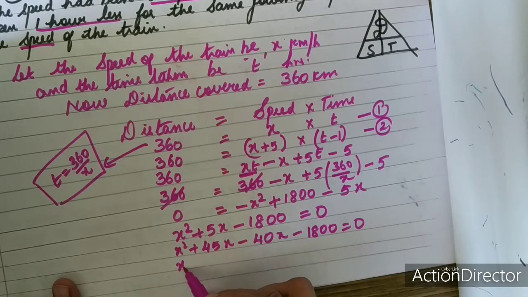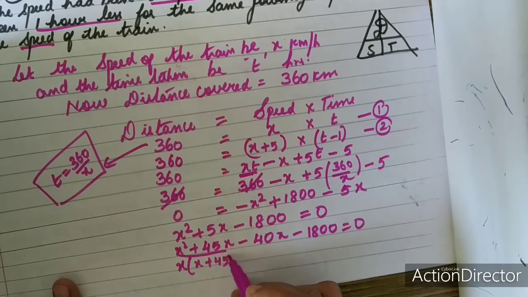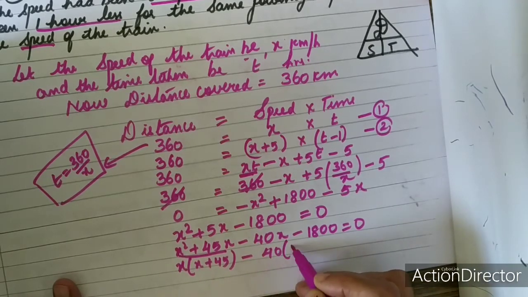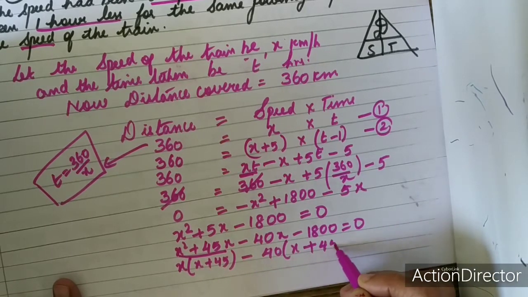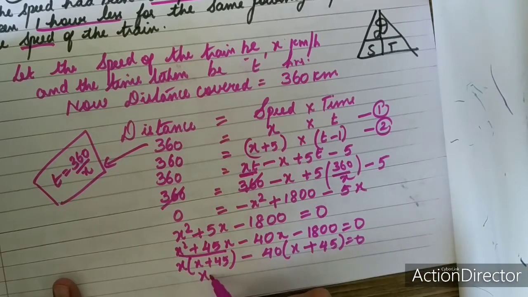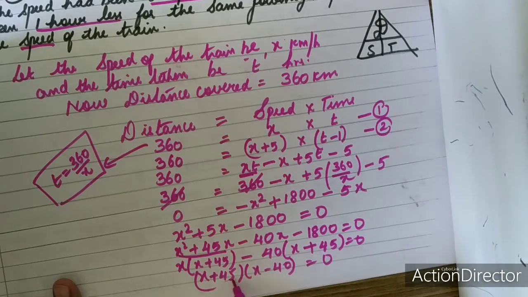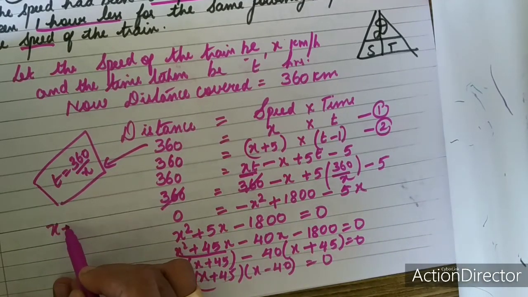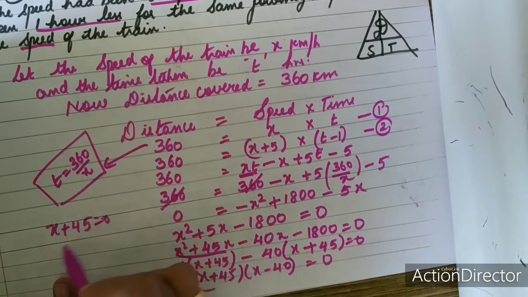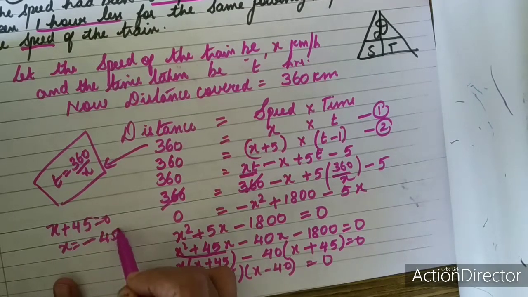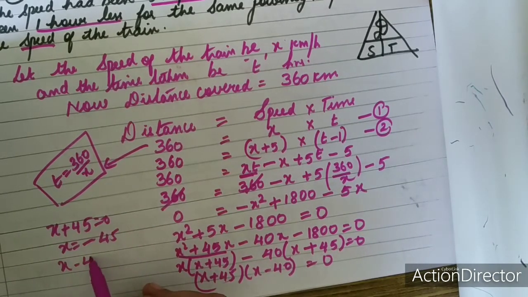So you can take x as common. x into x plus 45 minus 40 into x plus 45 equal to 0, or x plus 45 into x minus 40 is equal to 0. Now equating this to 0, I get x plus 45 equal to 0, or x is equal to minus 45. Second one, x minus 40 is equal to 0, or x is equal to 40.